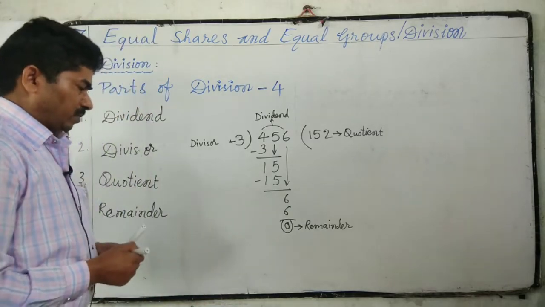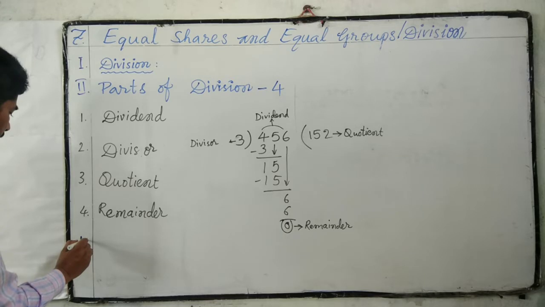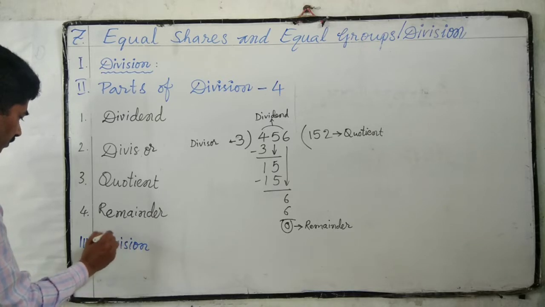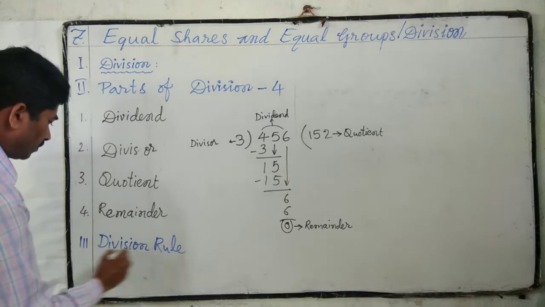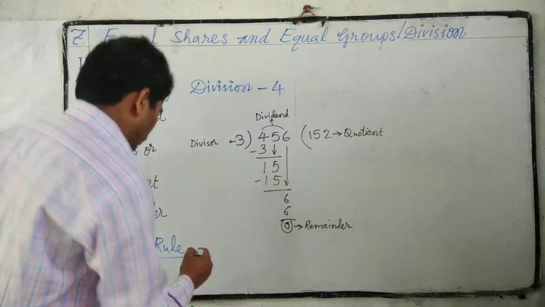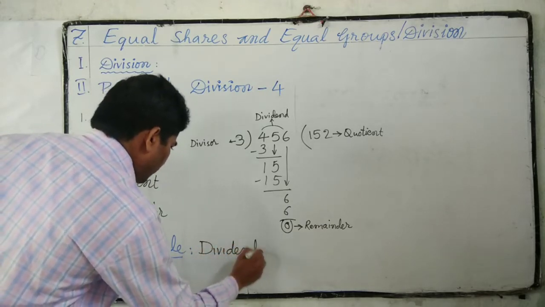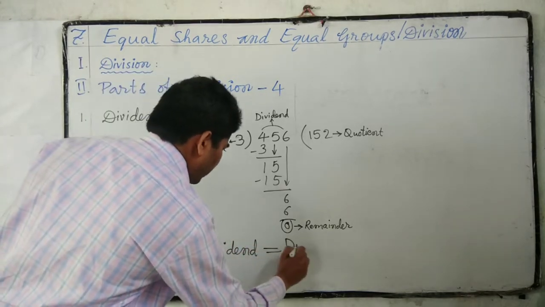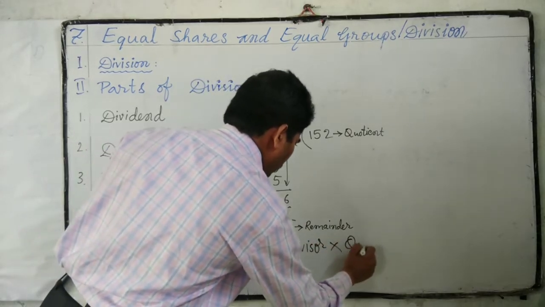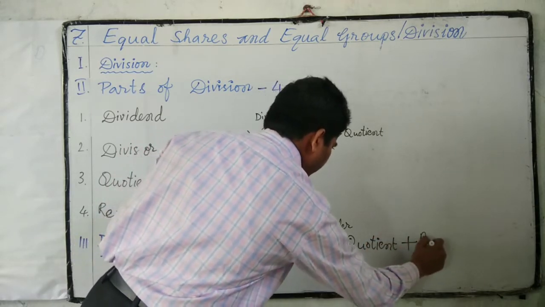The division rule: dividend is equal to divisor into quotient plus remainder.